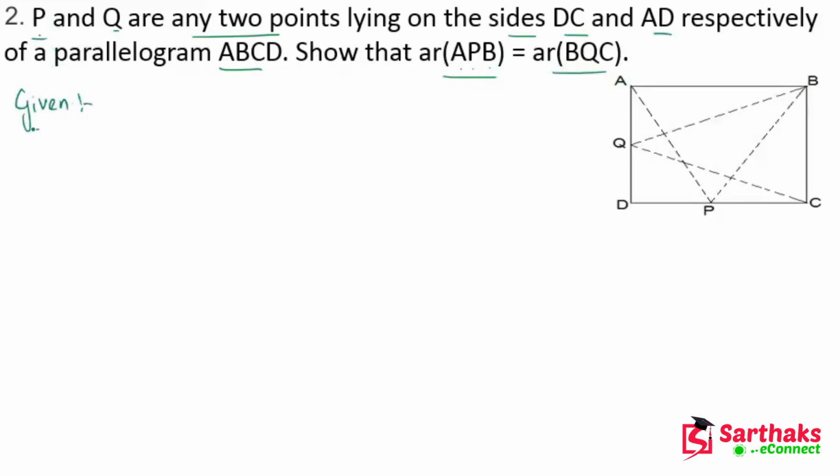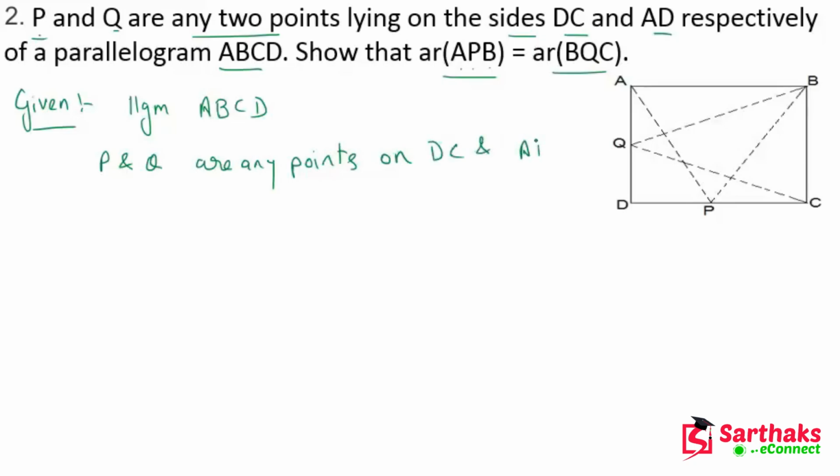So we have the given part: a parallelogram ABCD, and P and Q are any points on DC and AD respectively.